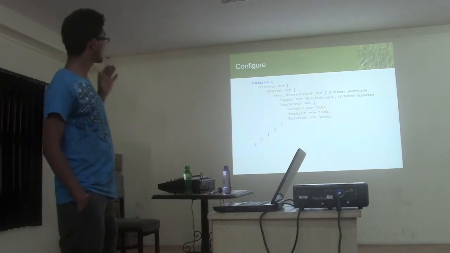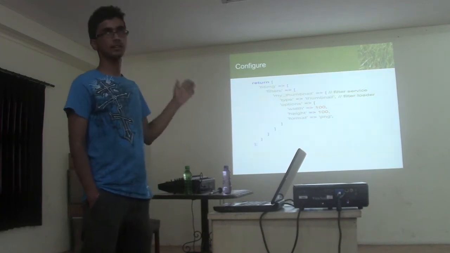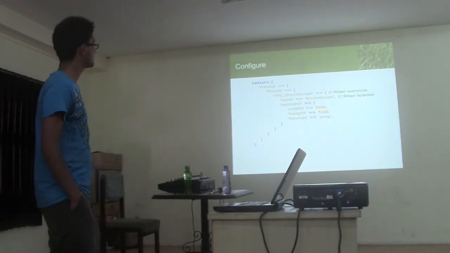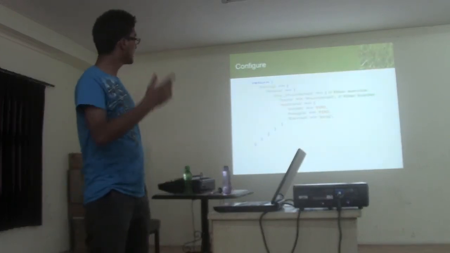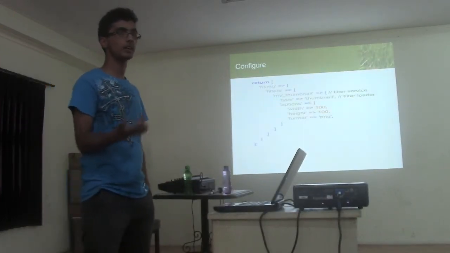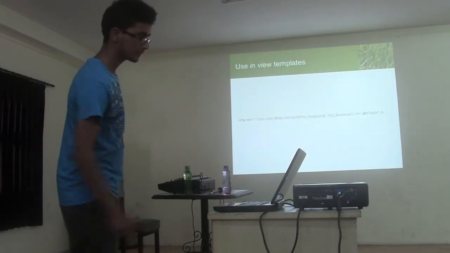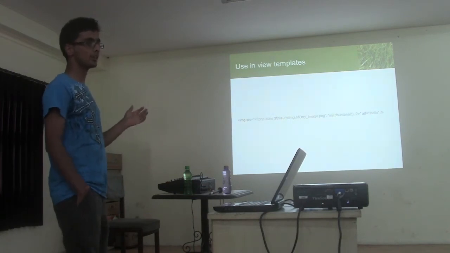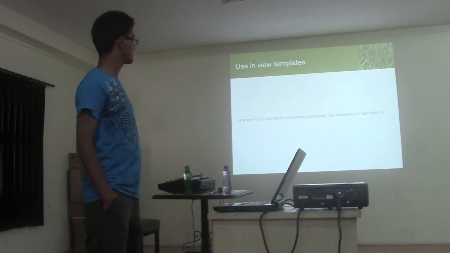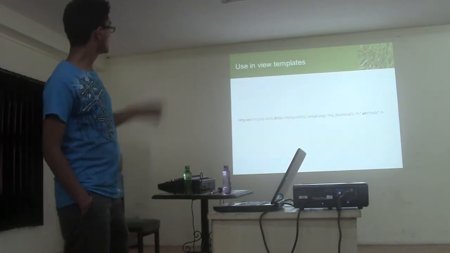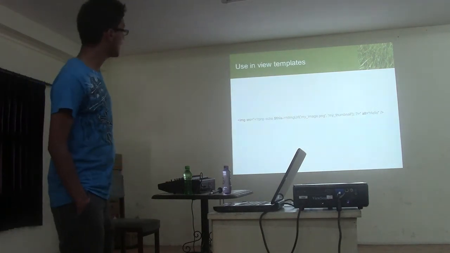This is how you can configure a filter. In this example, I have created a filter service called myThumbnail. Basically what it does is create a thumbnail of an image of size 100 by 100 and output it in PNG format. After you have configured the filter, this is how you use the filter in a view template. You can see the myThumbnail there.